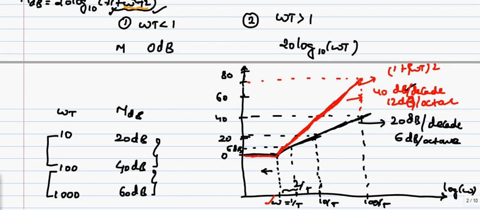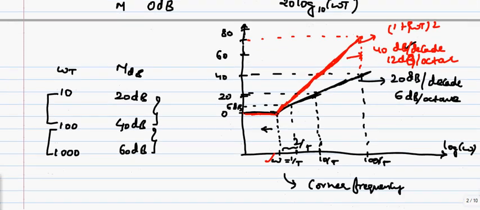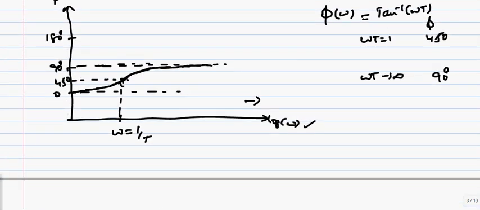If you look at the phase plot, we can write the phase as phi of omega equals 2 times tan inverse of omega t. When omega t is 1, it will be 90 degrees.